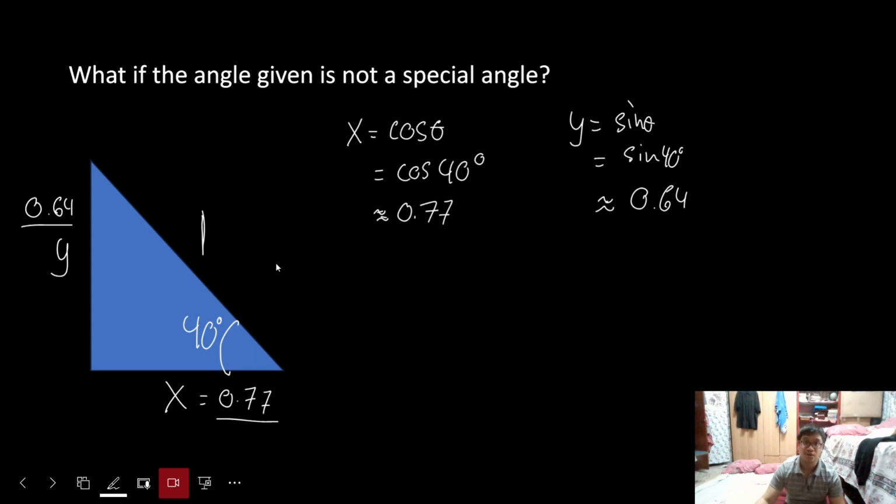We will use the Pythagorean theorem. Remember that the Pythagorean theorem is a squared plus b squared is equal to c squared, where c is the hypotenuse or the longest side. Let's say my a is 0.77 and my b is 0.64. Then my c is 1 squared.